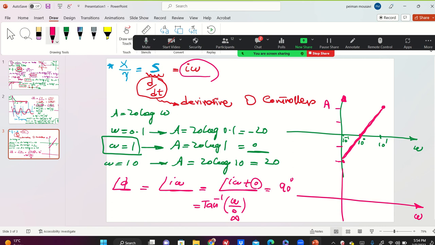So it is 90. Here we go. This is phi. Straight line. Despite a low pass filter and high pass filter, it is a straight line. See what I'm saying? Guys? Yes?